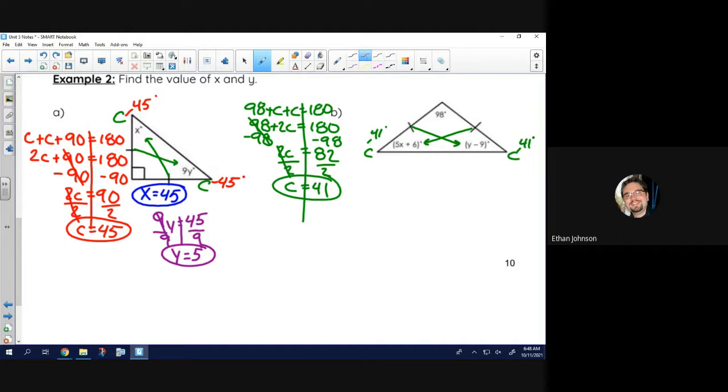So take a moment, pause the video, try to find out what x is and what y is. So we're going to find x first. It does not matter which one you do first. We'll write 5x plus 6 equals 41. Subtract 6 from both sides.